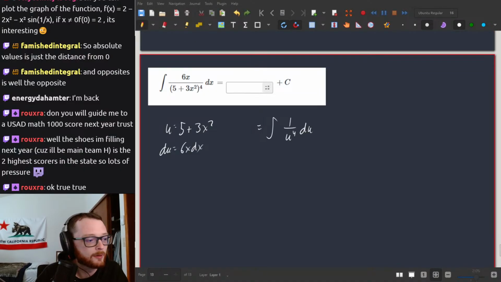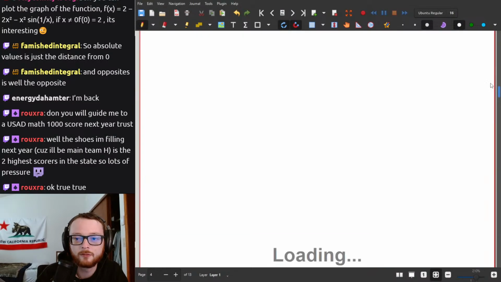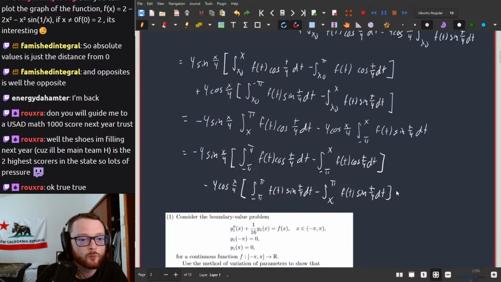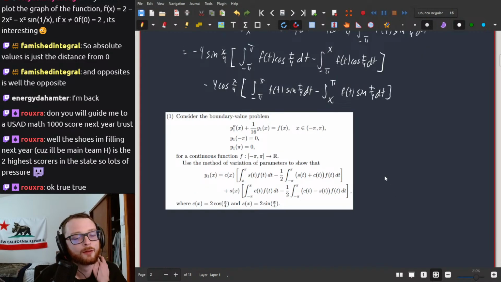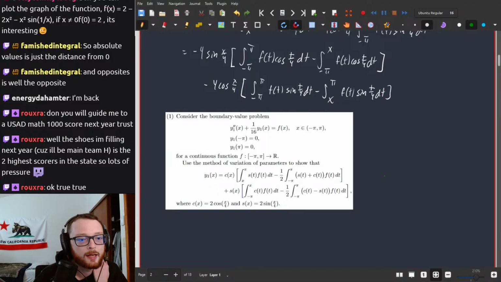I do want to do a little bit of a. It'd be nice if I could get this homework problem done up here. I think I'm nearly there. So I have the sine of x.